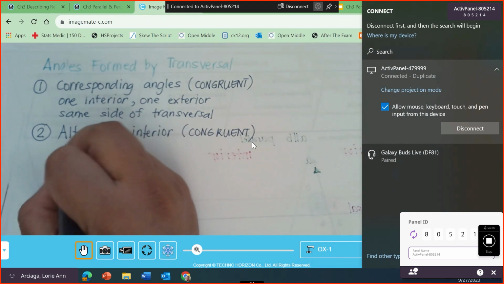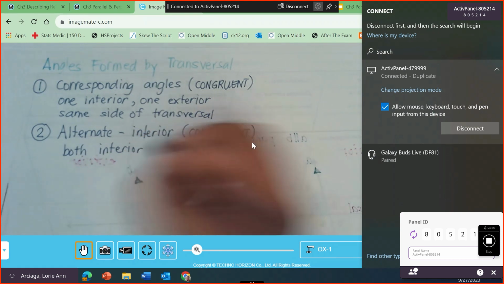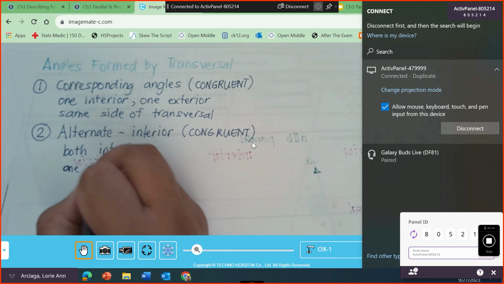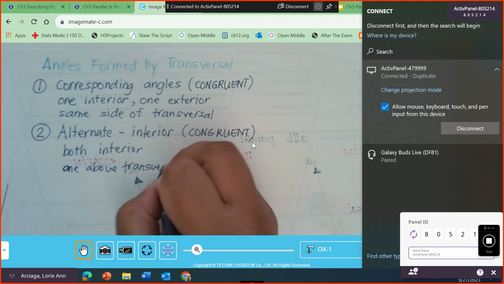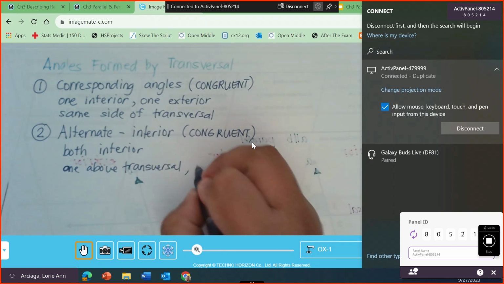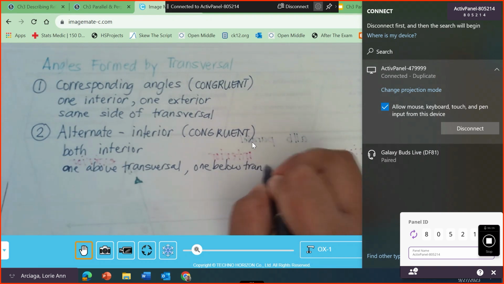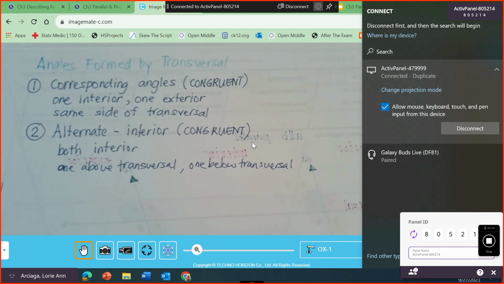They have to both be interior, and one is above the transversal and one is below the transversal. So one above the transversal, one below the transversal.